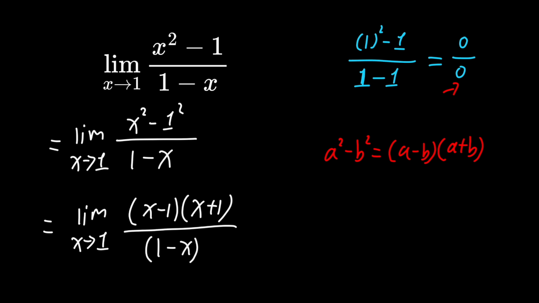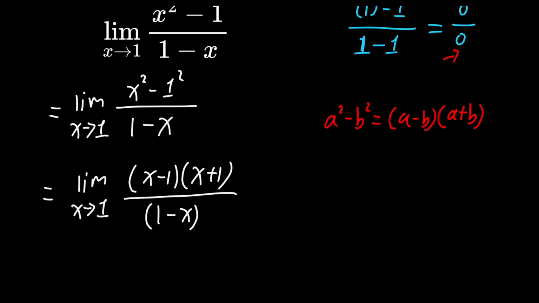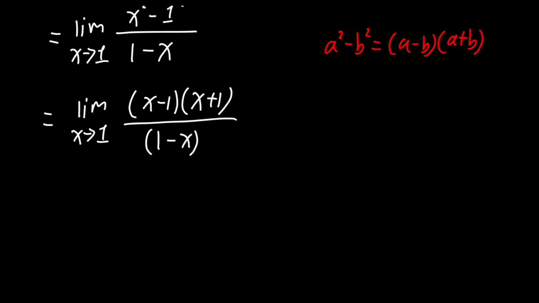Now, the next thing we want to do is to cancel something, but they look similar, but they are not the same. This is a 1 minus x, and this is x minus 1. If we want to cancel it, we want to manipulate this denominator for a bit. So 1 minus x is the same as negative times x minus 1.